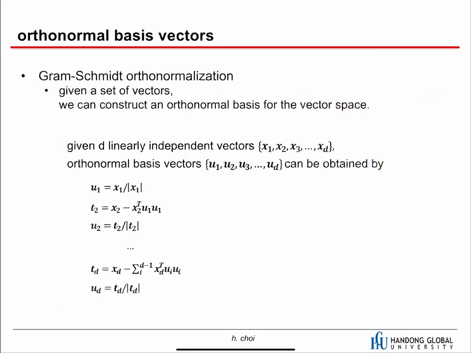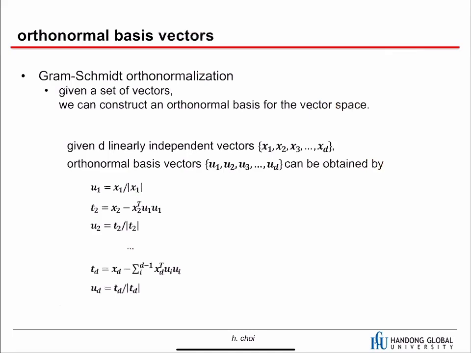And then how can we get orthonormal basis vectors? Okay, here is one simple algorithm, Gram-Schmidt's orthonormalization process. So given a set of vectors, we can construct an orthonormal basis for the vector space.